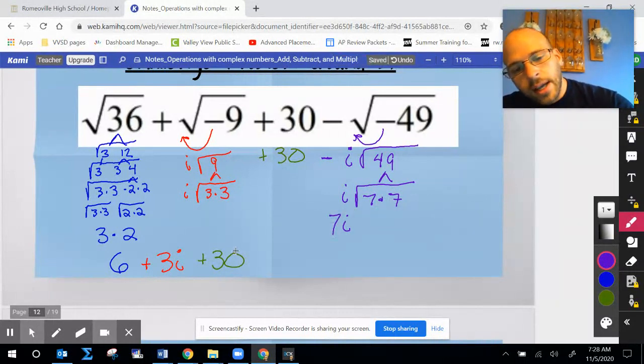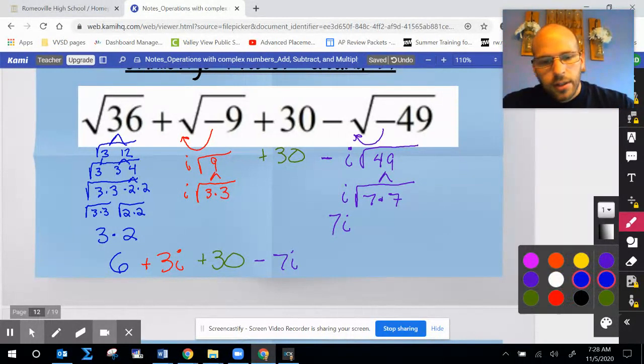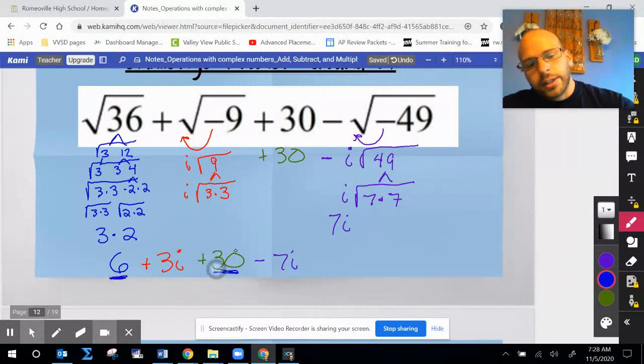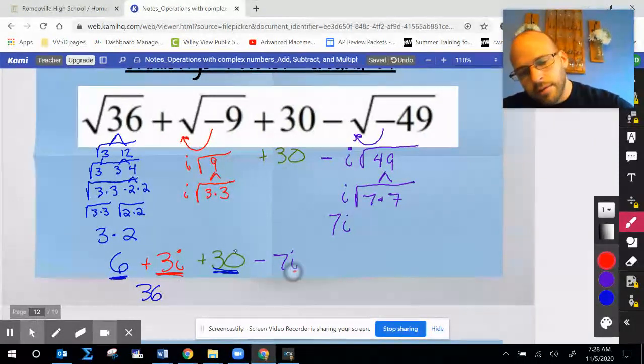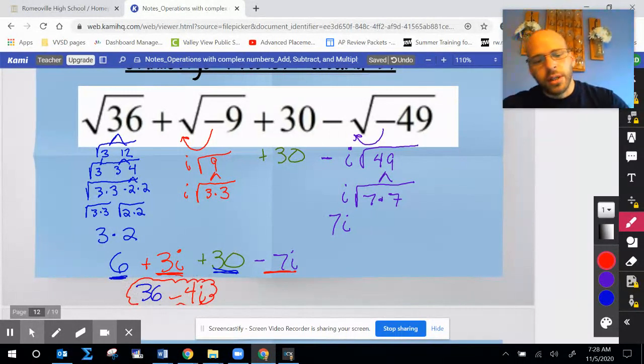So I would say a minus 7i. So now I just need to collect my like terms together. So 6 plus 30 is 36. And then I have 3i and a negative 7i, so that's a negative 4i. And that would be my complex answer.